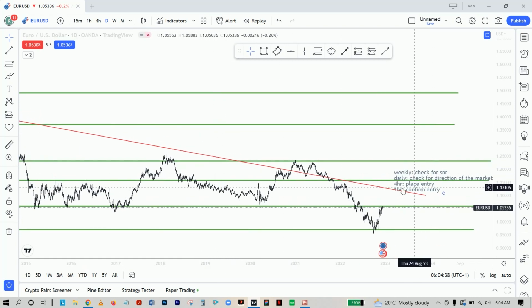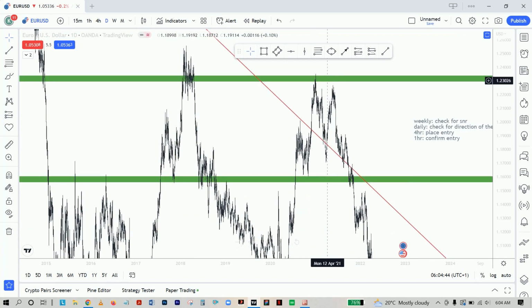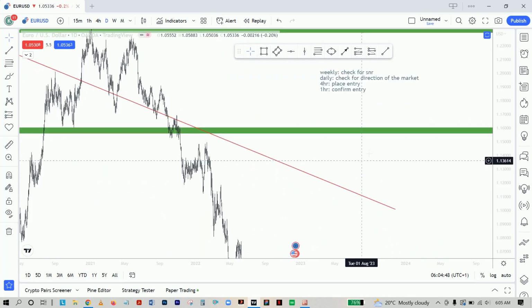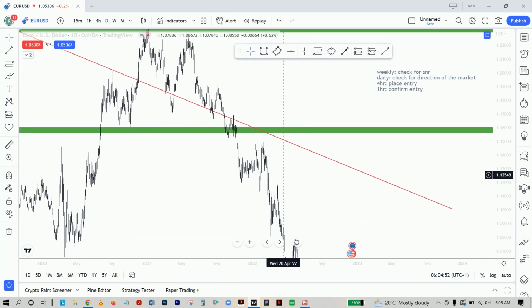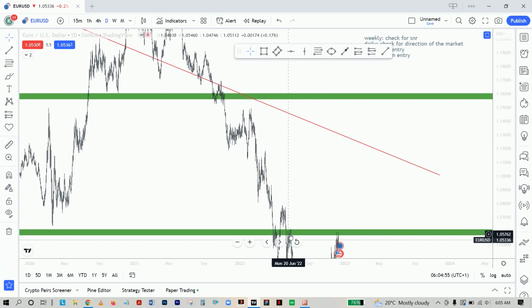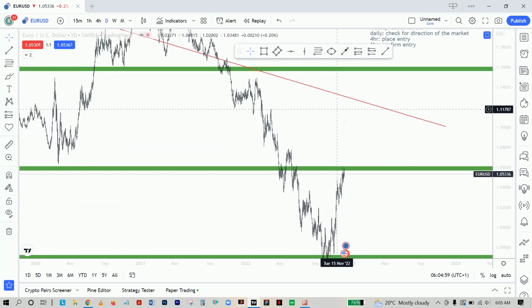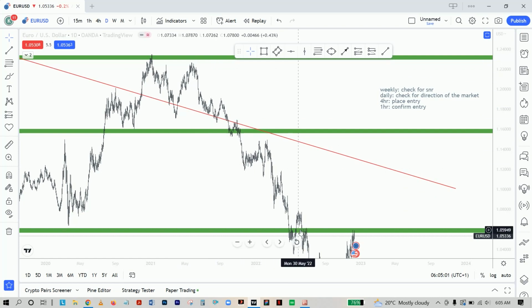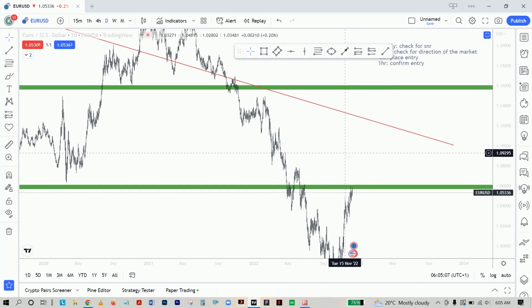And the next thing I do, once I've identified my trend or the direction of the market, like for instance, I would have caught this move right here from here to here. Now, if you check this, I'm certain that this will be nothing less than 2,000 pips, guys.